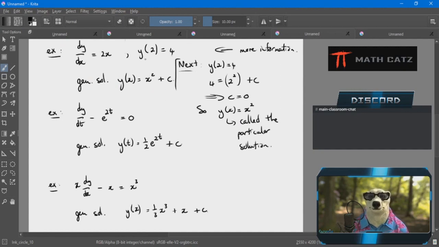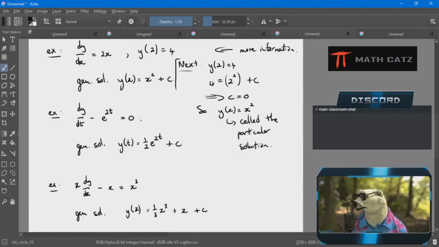But if you give me a little bit extra, then I can use that to find the particular solution. So there's a chain here. Find the general solution to the differential equation. If I'm given some more information, then I can find the particular solution.